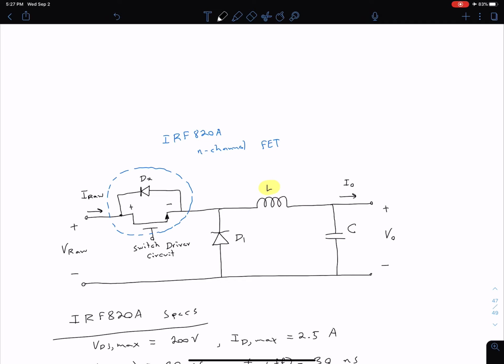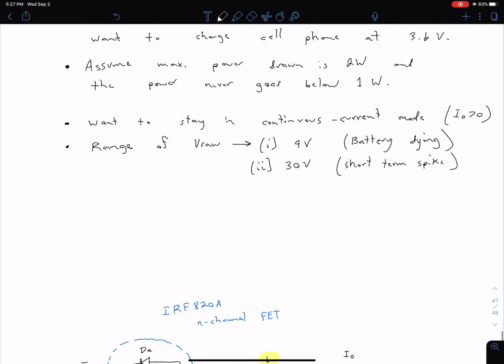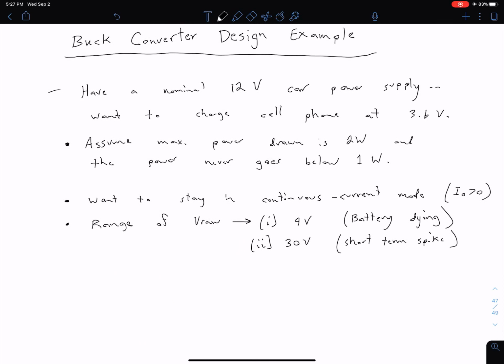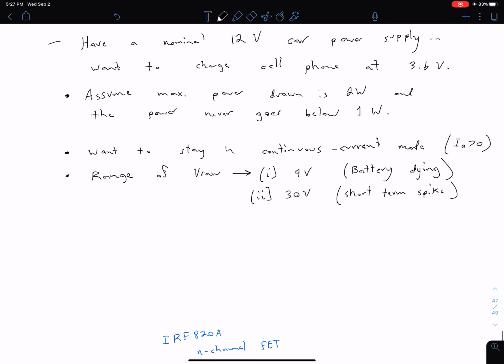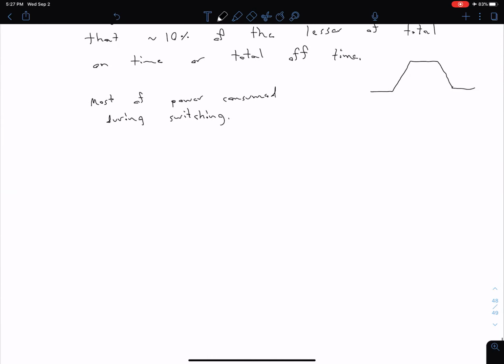Okay, so where are we even going to start with this? We can start with our max and min powers and relate that to our voltages, and that's going to give us our max and min currents in our output load. So let's do that. Our max and min output currents: I max is going to correspond to when we have maximum power output, and we're assuming a constant V out because we weren't told otherwise.